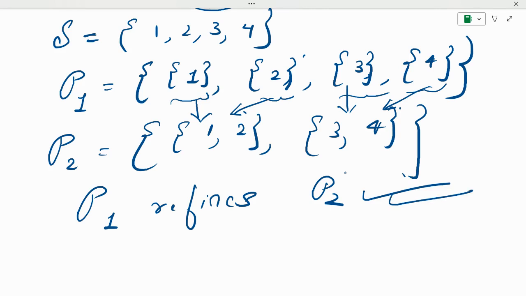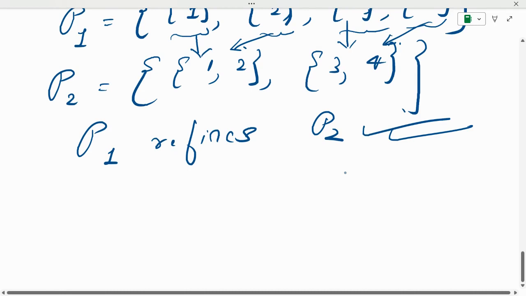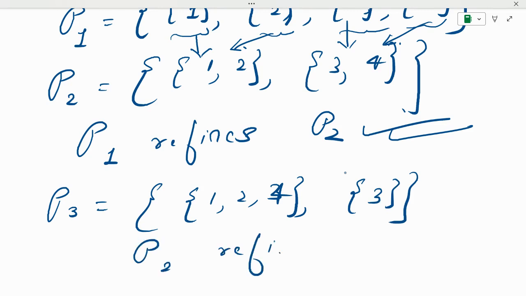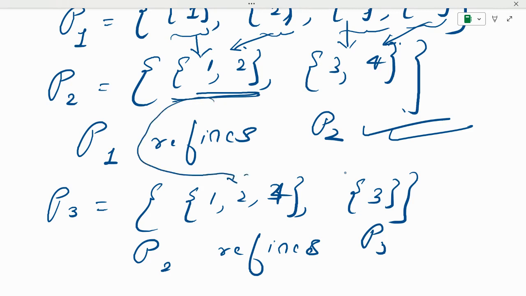But let's say we have another partition P3, in which we have {1, 2, 4} and {3}. Can we say that P2 refines P3? You have to check every element of P2. Can {1, 2} be obtained from an element of P3? Yes, it can be obtained from the subset {1, 2, 4}. But can {3, 4} be obtained from any element of P3?